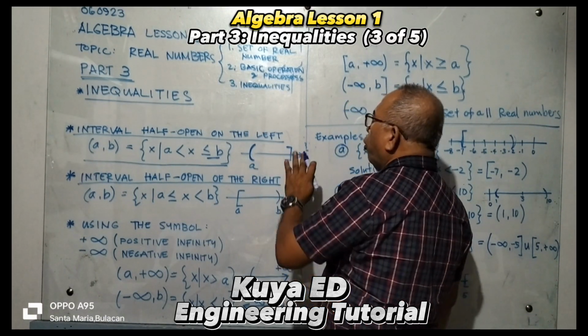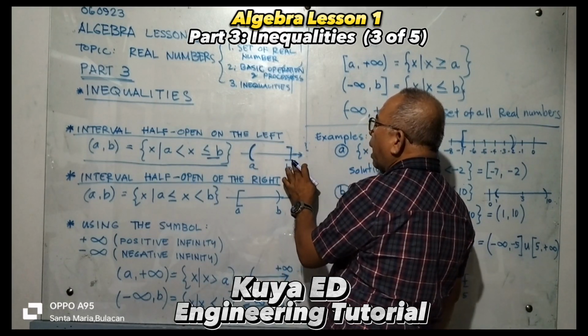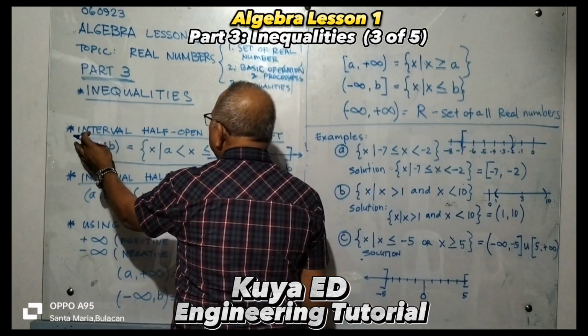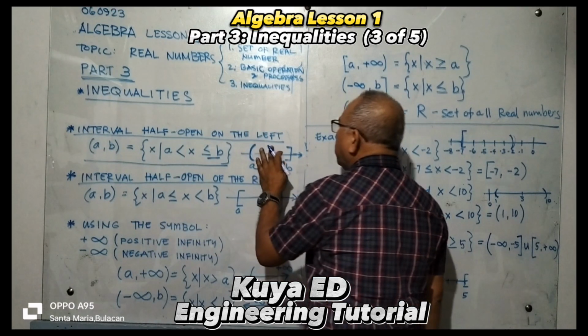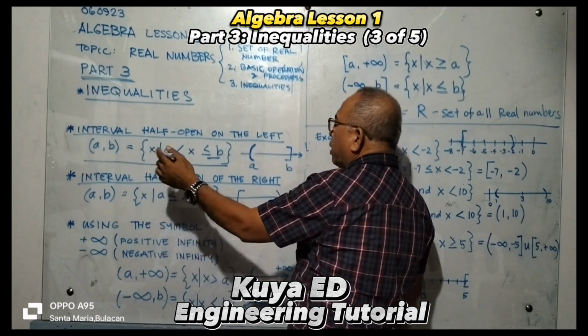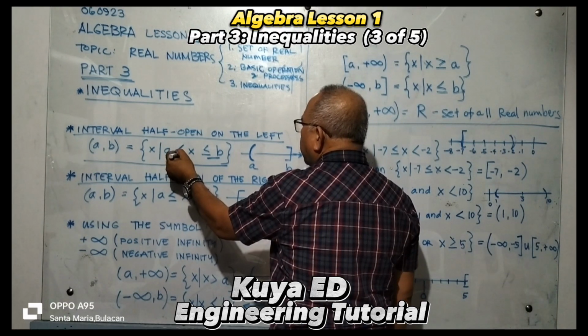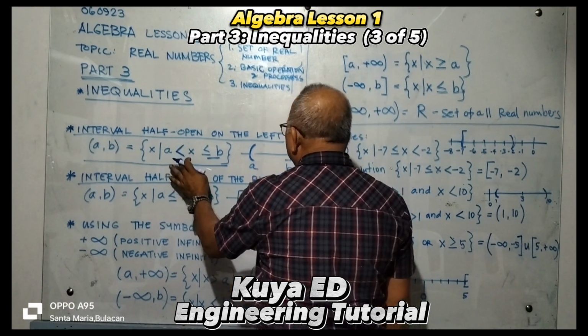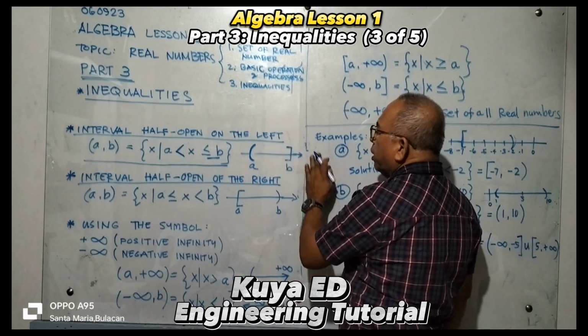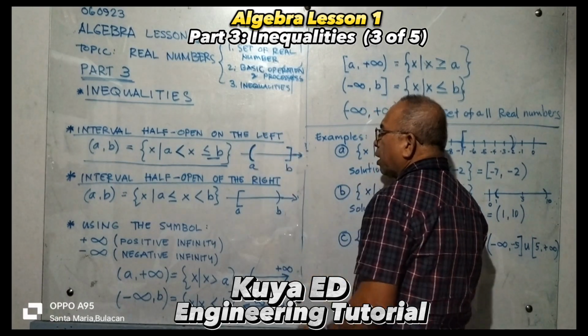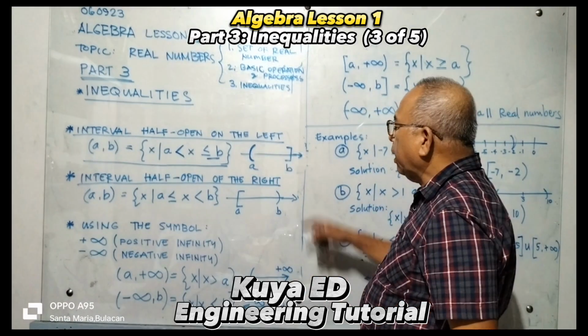Kaya, half open siya kasi dito set na. Kaya, ang tawag natin dyan, interval half open on the left, kasi, because of the less than sign here. Okay? So, therefore, ito yung kanyang presentation in the number line.